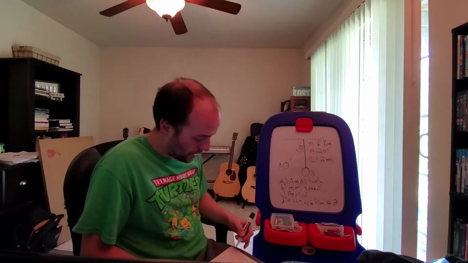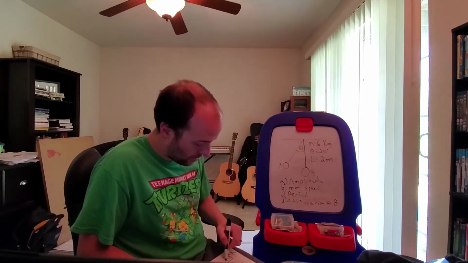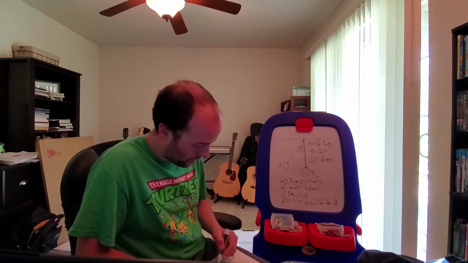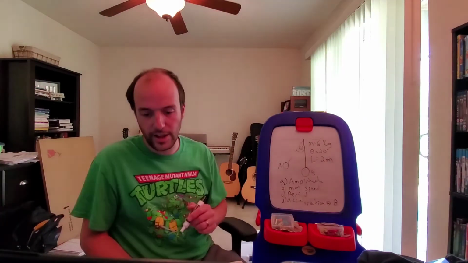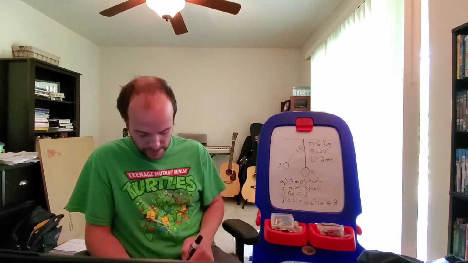So let's plug our values in. v equals the square root of 2 times 9.81, or 10 meters per second squared, times our height, which we found previously, which was 0.12 meters, and we get a value of 1.54 meters per second.